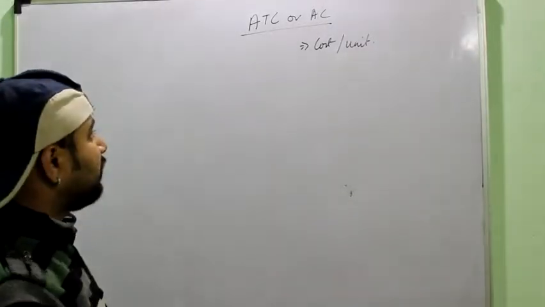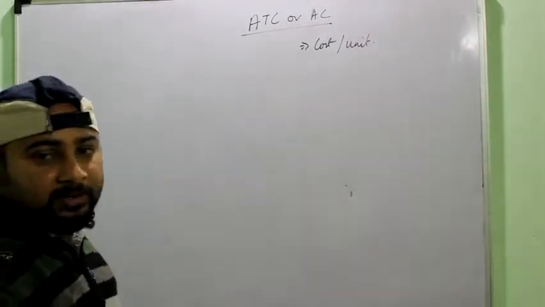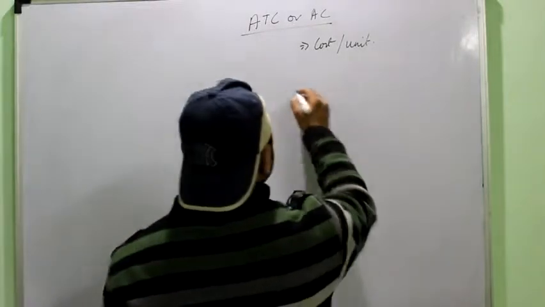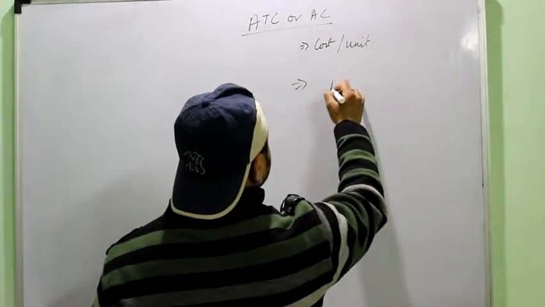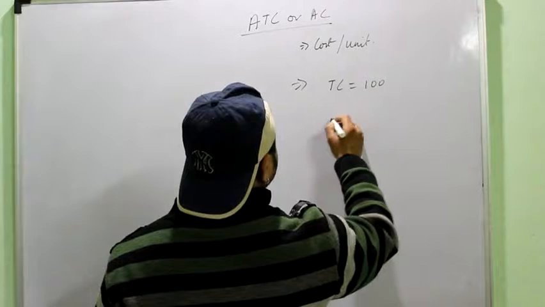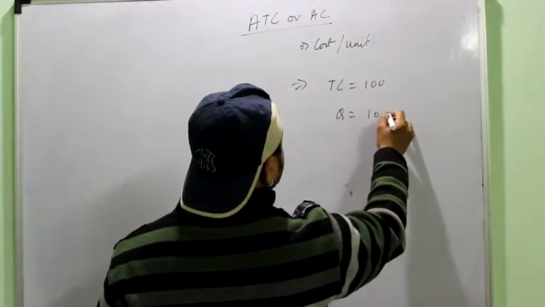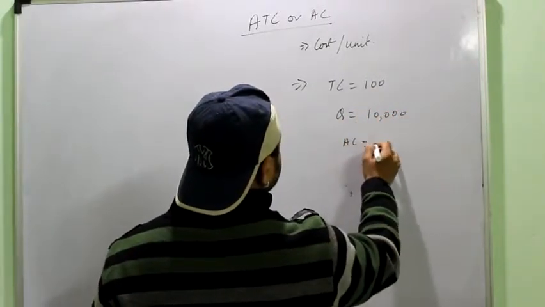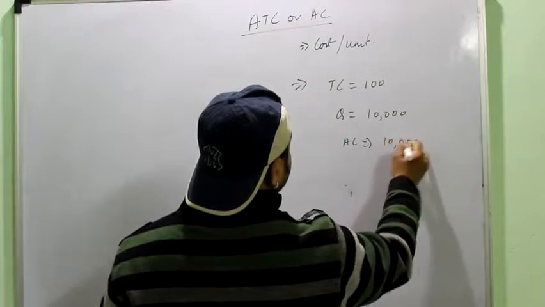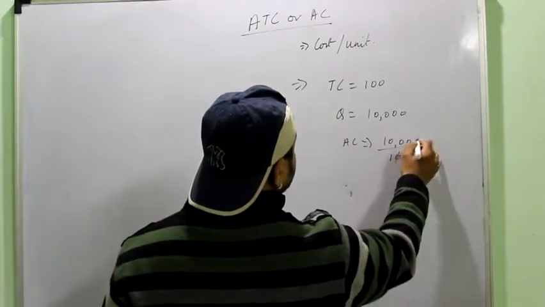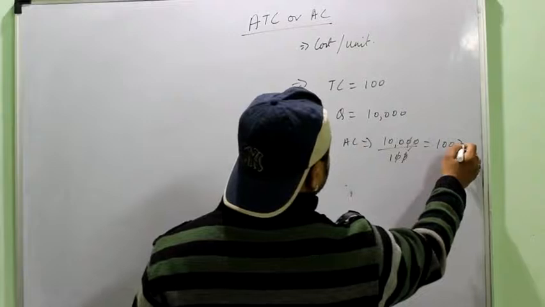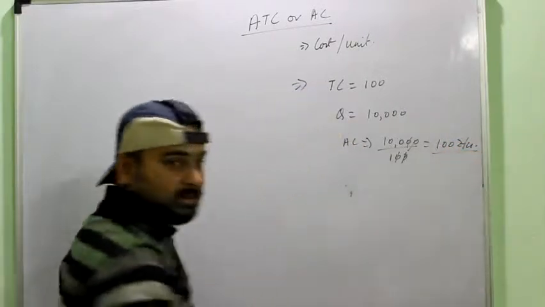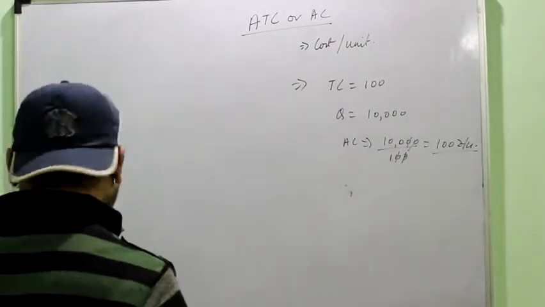It means how much you are paying for making one particular unit. Suppose your total cost is rupees 10,000 and you are making 100 units of the commodity; the average cost is 10,000 upon 100, that is 100 rupees per unit. This is the meaning of average cost.